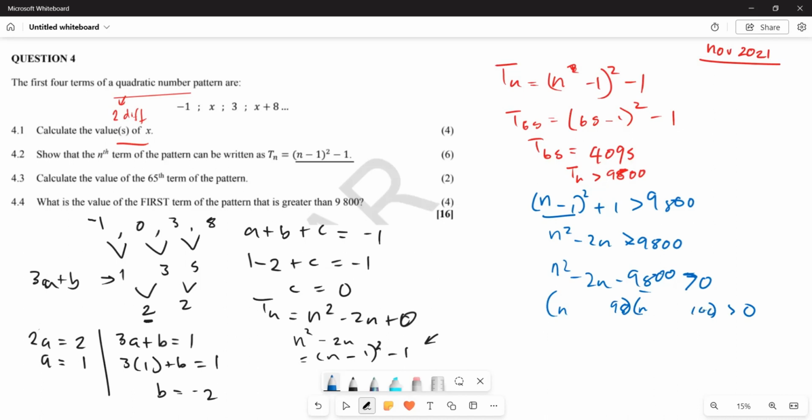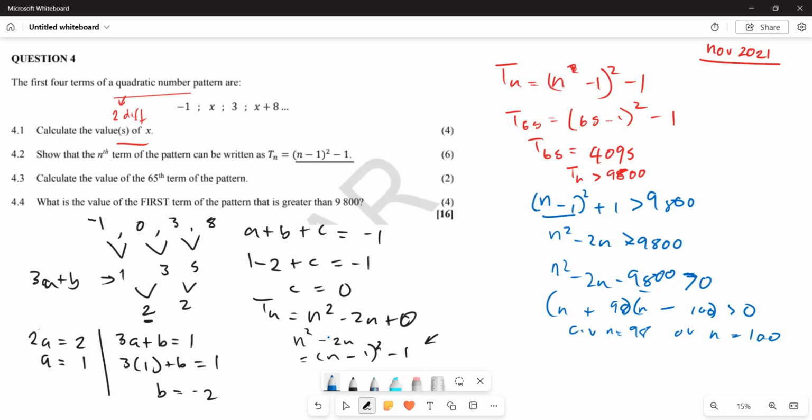And because you are looking to have the negative final answer, this is going to be negative 100, this is going to be plus 98. Are we together? So basically, your critical values, when you're solving this, n is going to be equal to 98, or your n is going to be equal to 100, right?